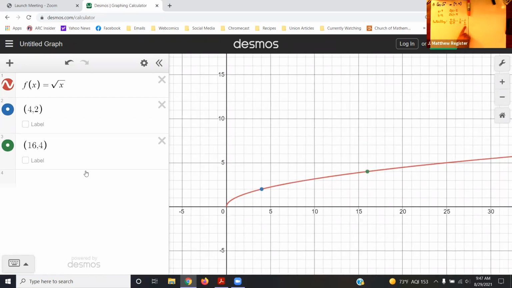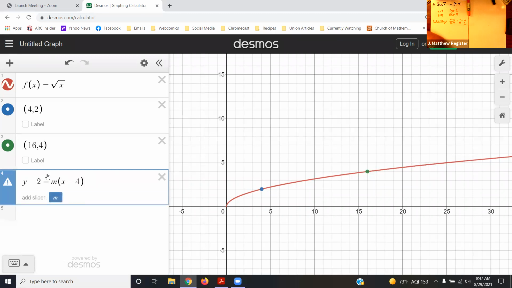The average rate of change, being 1/6, is telling us that the slope of the line going through these 2 points is 1/6. And so if we were to create the equation going through those 2 points, we would say it is y minus, how about 2, equals m times x minus 4.